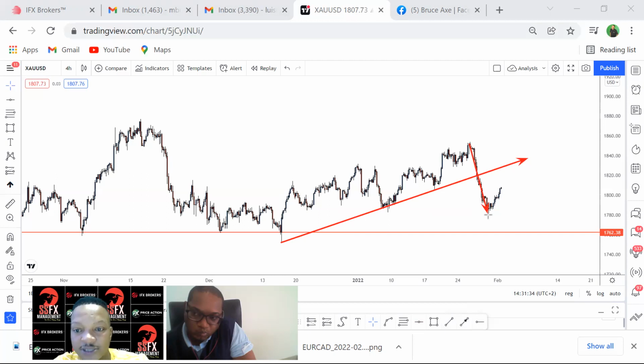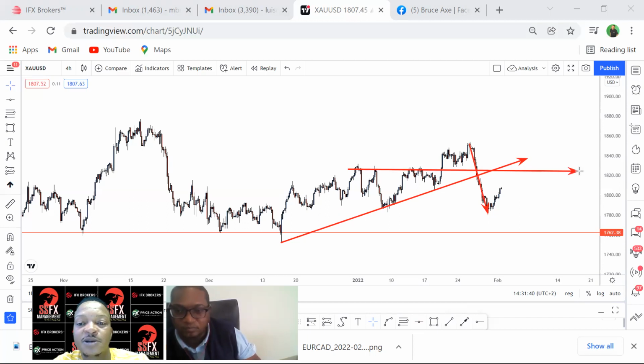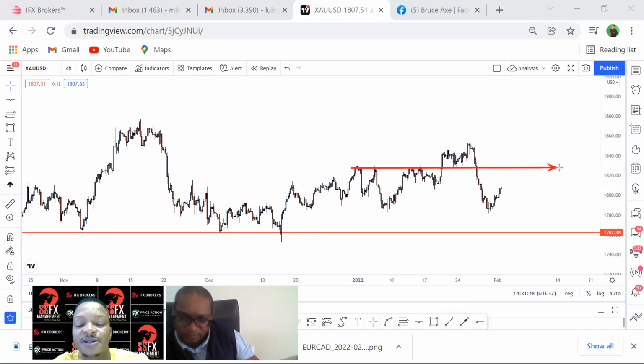And then look at this breakout. This thing was your support when price was here. And then it breaks. That is no longer your support. Now it's your resistance.